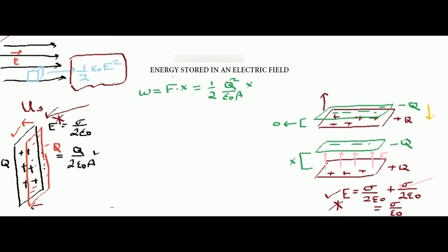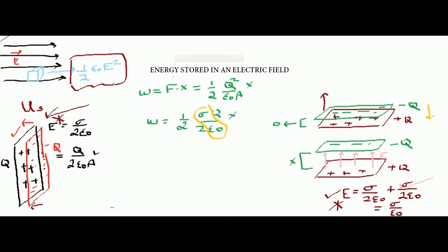Now what happens to my equation here? My work done will become, now convert everything in terms of sigma, so it will become half. So I can write this as sigma into q divided by 2 epsilon naught, into x. Remember that here sigma by epsilon naught is the electric field.